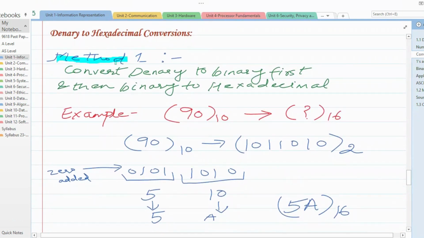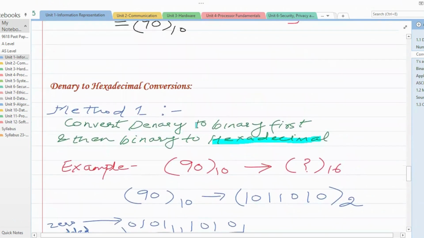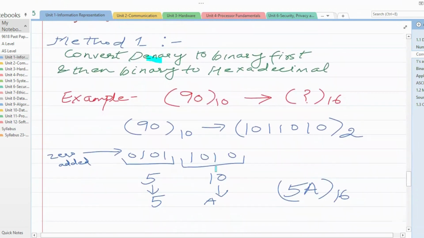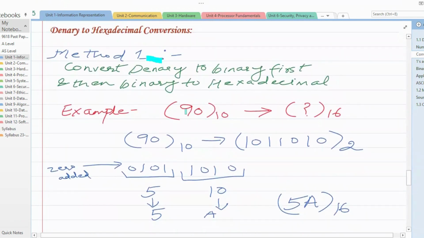As per the first method, we'll convert the given denary number into its binary form first, and then convert that binary number into hexadecimal. Easy. Now, I am going to take the same value so that we get to know whether our conversion was correct or incorrect. So 90 denary, we are going to convert it into hexadecimal.